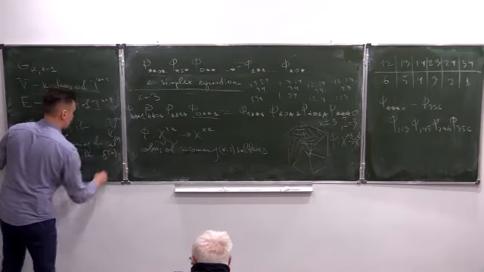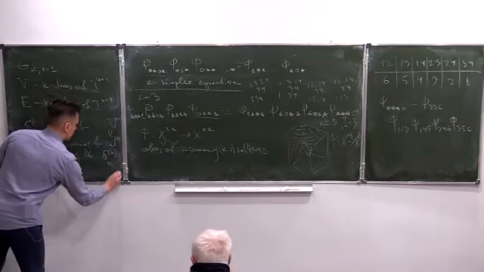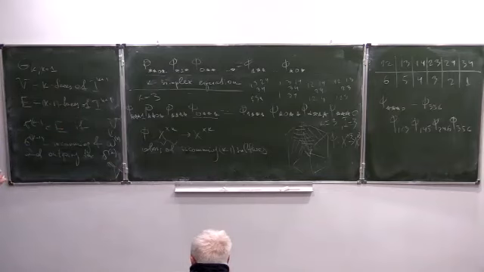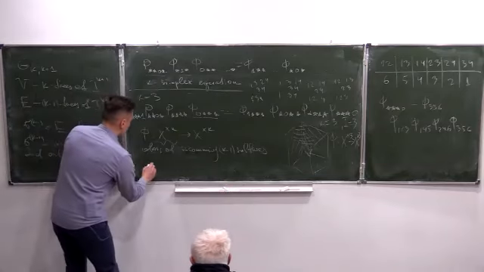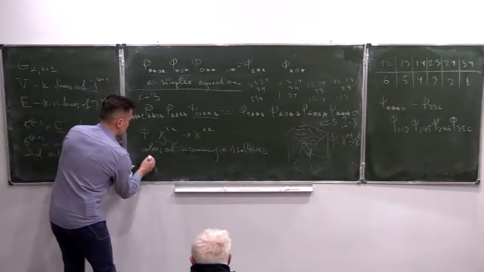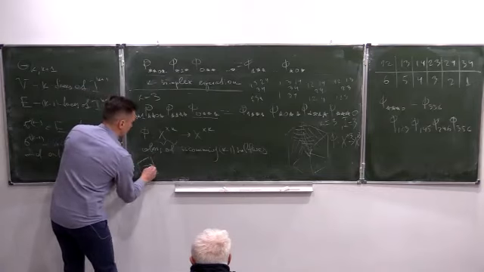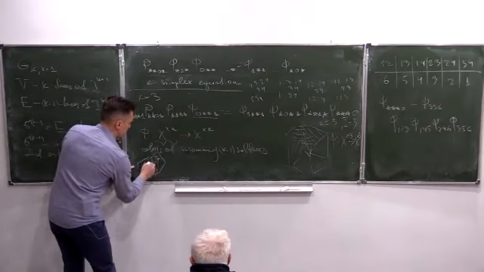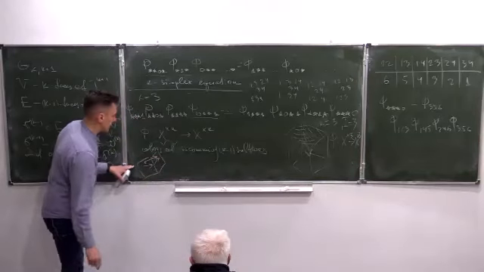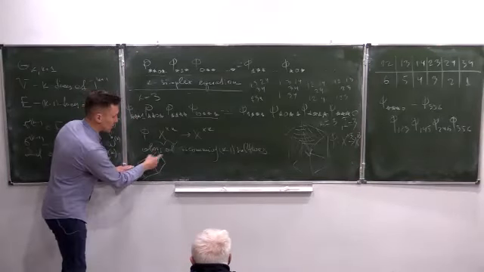This is oriented because the arrow is from incoming to outgoing. I'd like to say that if some edge is outgoing for one face and incoming for another face, we connect such vertices by an oriented edge.